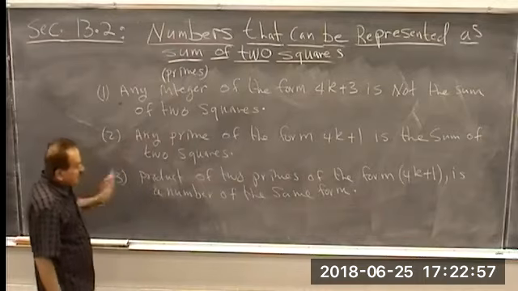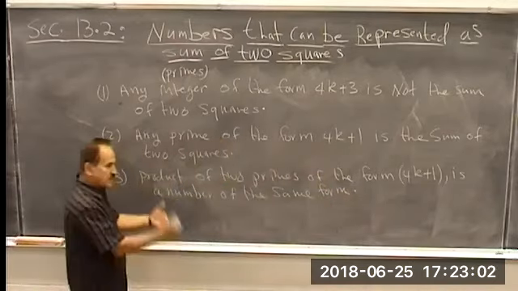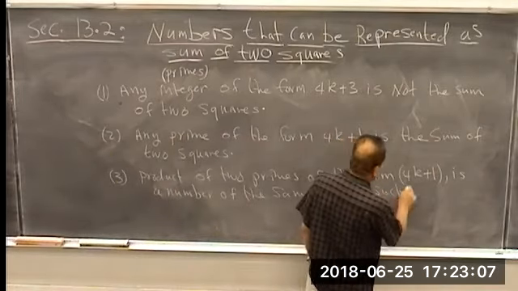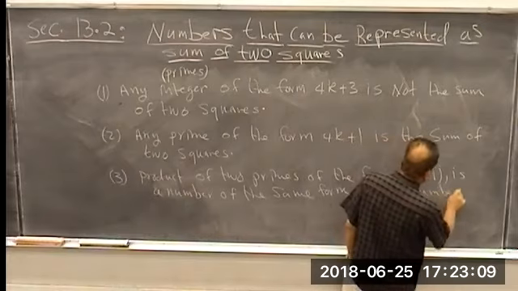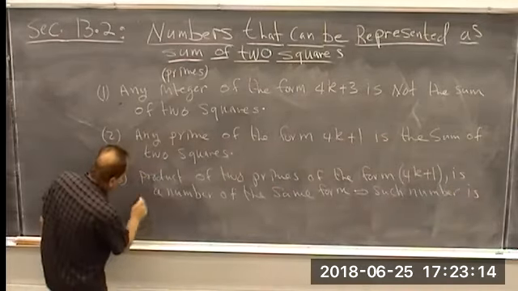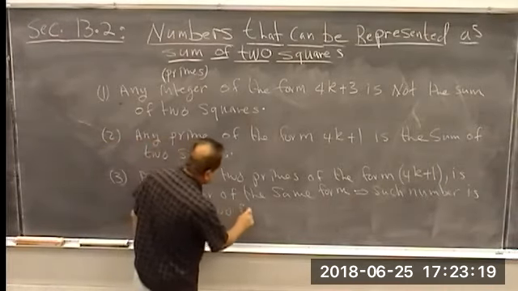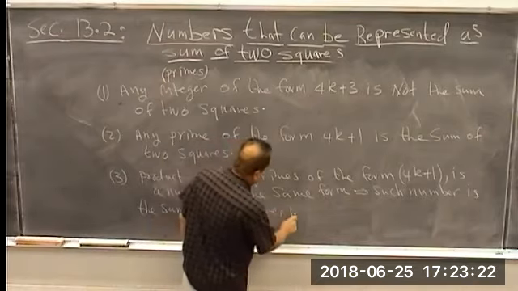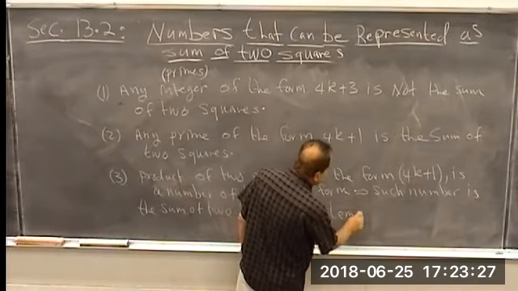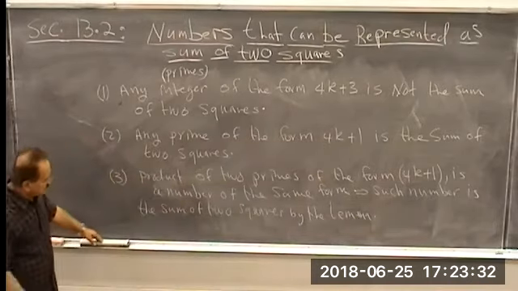And we know that, of course, it means that this number can be represented as a sum of two squares by the lemma. In fact, even if we don't care what type of form it is, it is expected to be also of the same form.